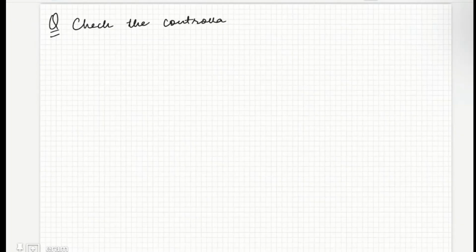Okay, so let's take up our first question based on controllability. You have to check the controllability of the following systems.